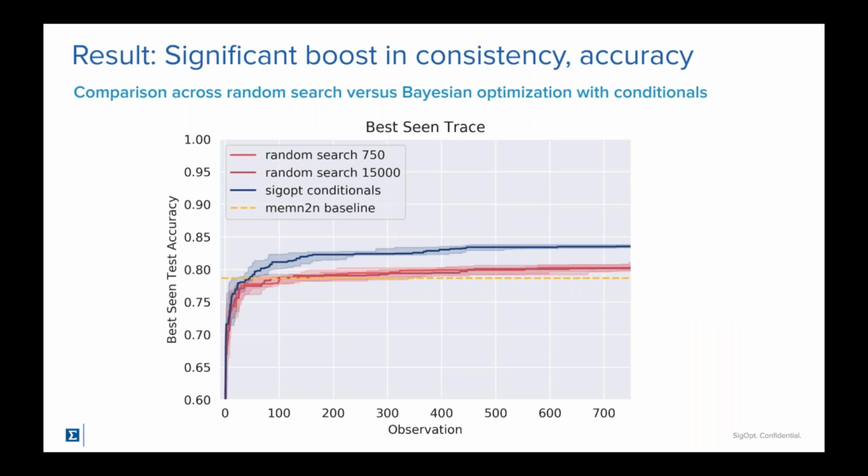In this specific example, again, we compare against the baseline from the paper itself, which was tuned by the experts before it went into peer review and was eventually published. We also compared it against standard techniques from the academic literature, like a randomized search: one randomized search with the exact same number of observations as the SigOpt ensemble method, and one with 20 times as many observations.